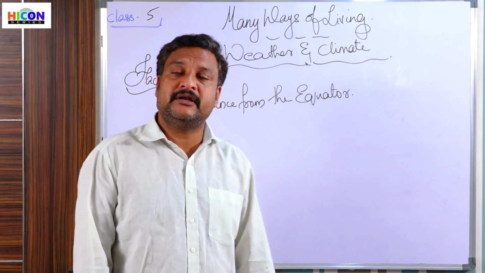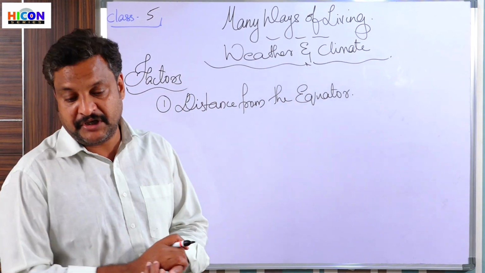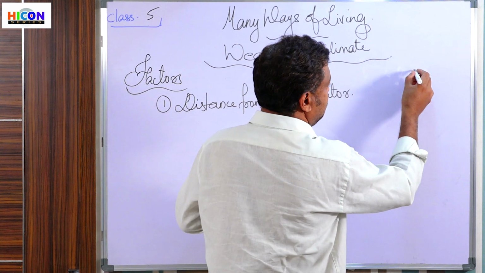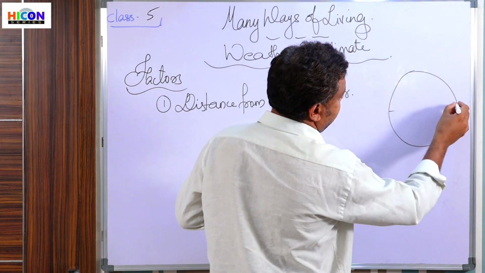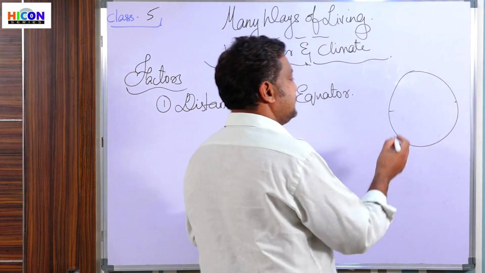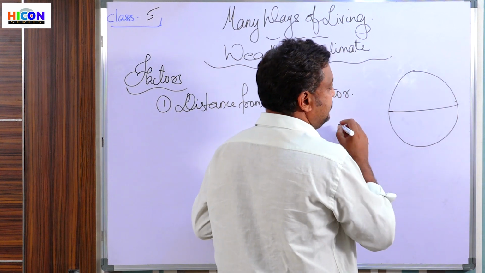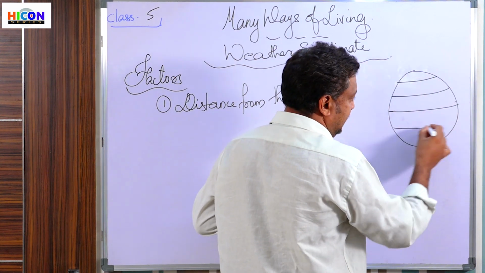So how far is a place located from the equator? Okay, we know the earth is more of a geoid shape, which has a bulge at the center and is flattened on top, isn't it? Yes. And if this is the equator, these are the other latitudes.